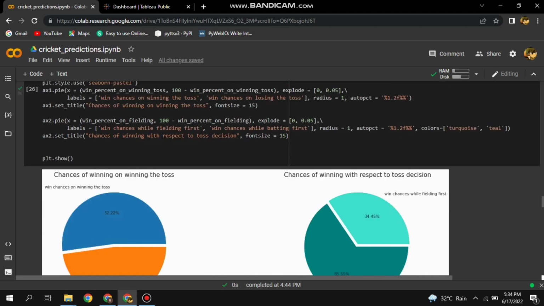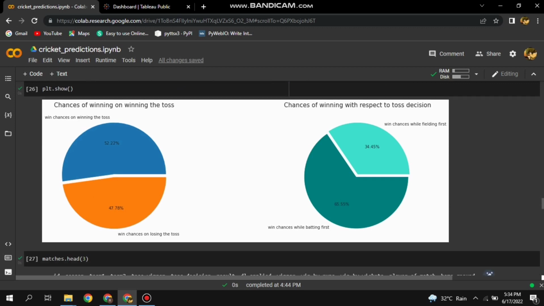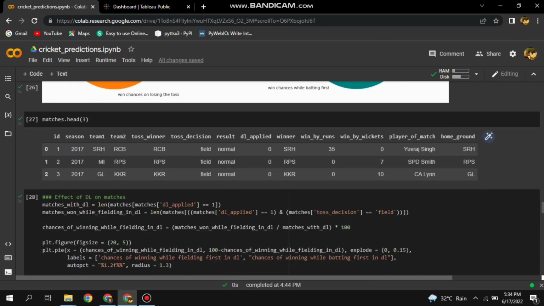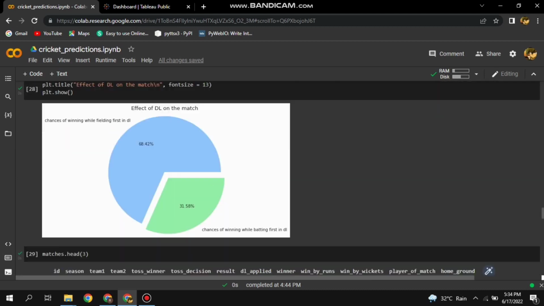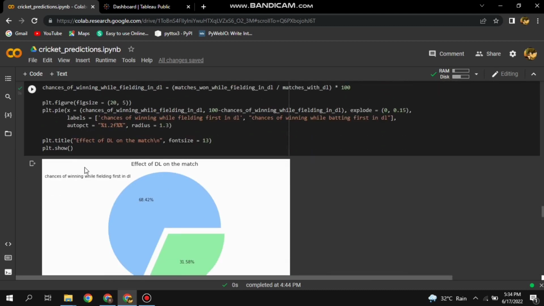And after that I displayed 2 pie charts that are related to toss details. I found that the teams that usually bat first have an upper hand in the match, and then the teams that field first. After this I checked the effect of Duckworth Lewis, which happens in cricket due to rain or weather issues or any other issues.